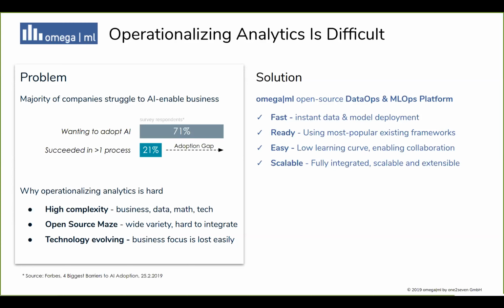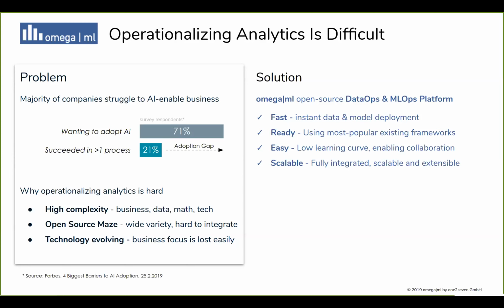There is a lot of technology involved, and in particular in data science, we have a lot of open source technology. Even if you buy a commercial service, you will be confronted with the complexity of integrating different open source products. Most of the commercial products are built from open source in some way or another, and that's a challenge in its own right. And the technology is also constantly evolving, so it's hard to pinpoint what is the best choice.